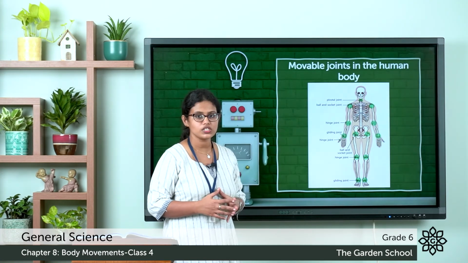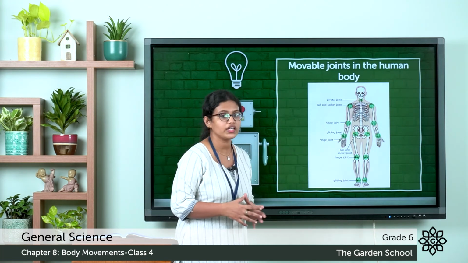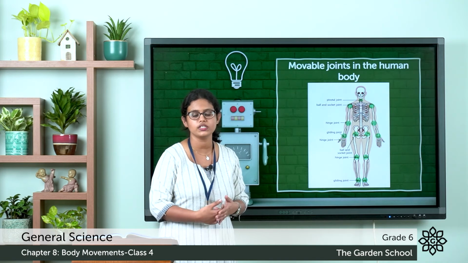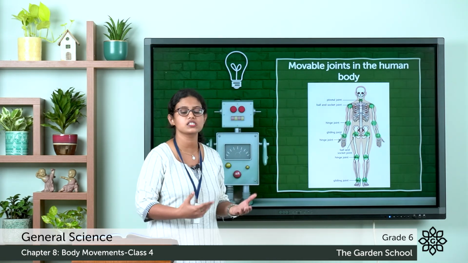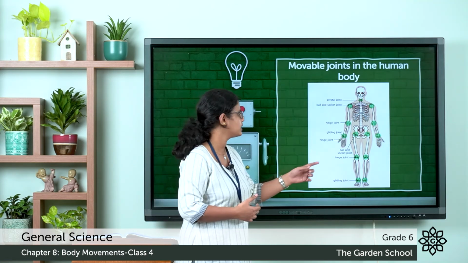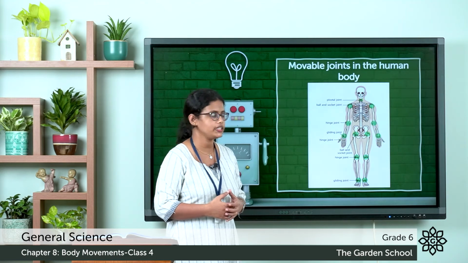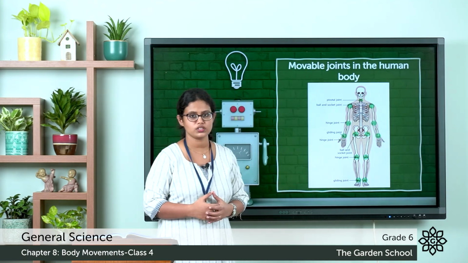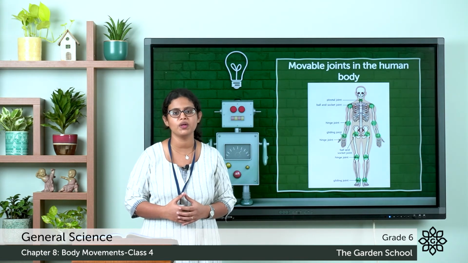Then our wrist has a gliding joint. Then fingers have hinge joints that allow movement in one direction. Then our hip has a ball and socket joint. Then our knees have a hinge joint. Then ankle has a gliding joint. So these are the movable joints in the human body.